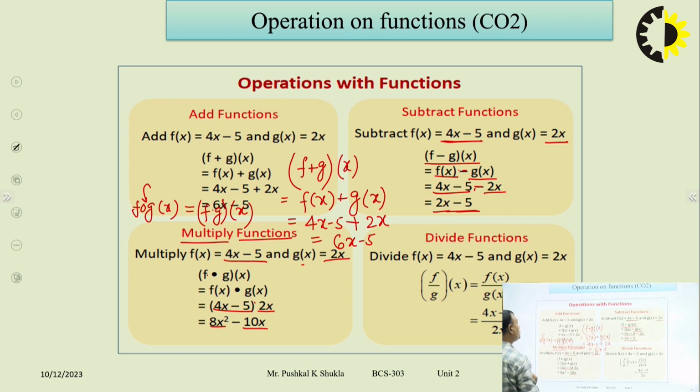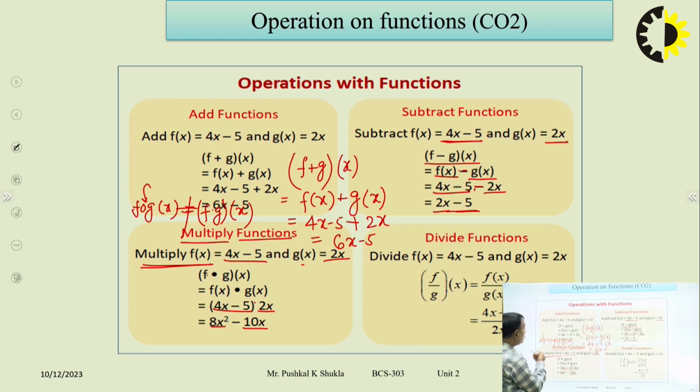Composition is a different operation from multiplication, and they are not equal. Both are different. Here we were talking about the multiplication of the function, and this is the composition of the function.